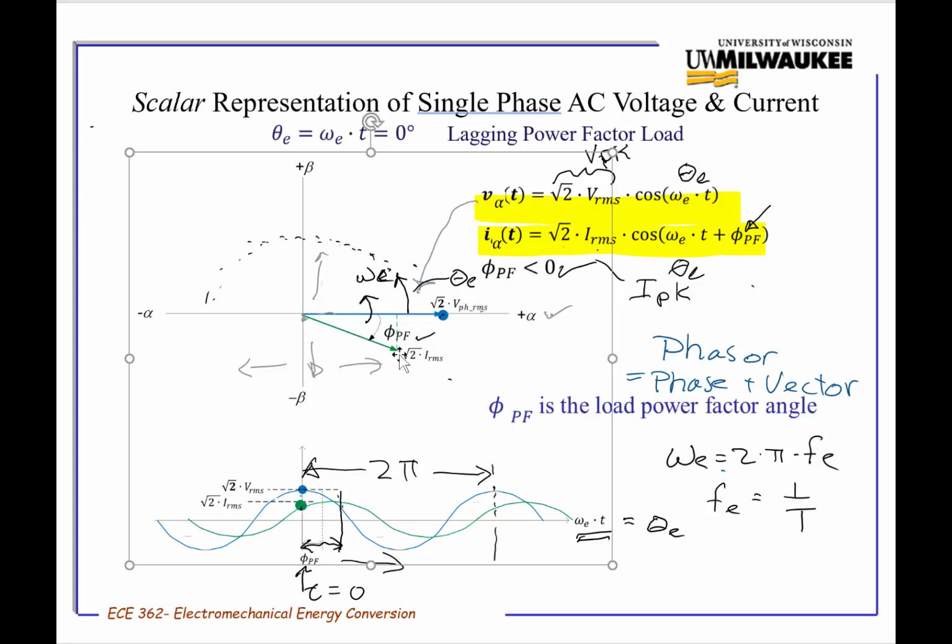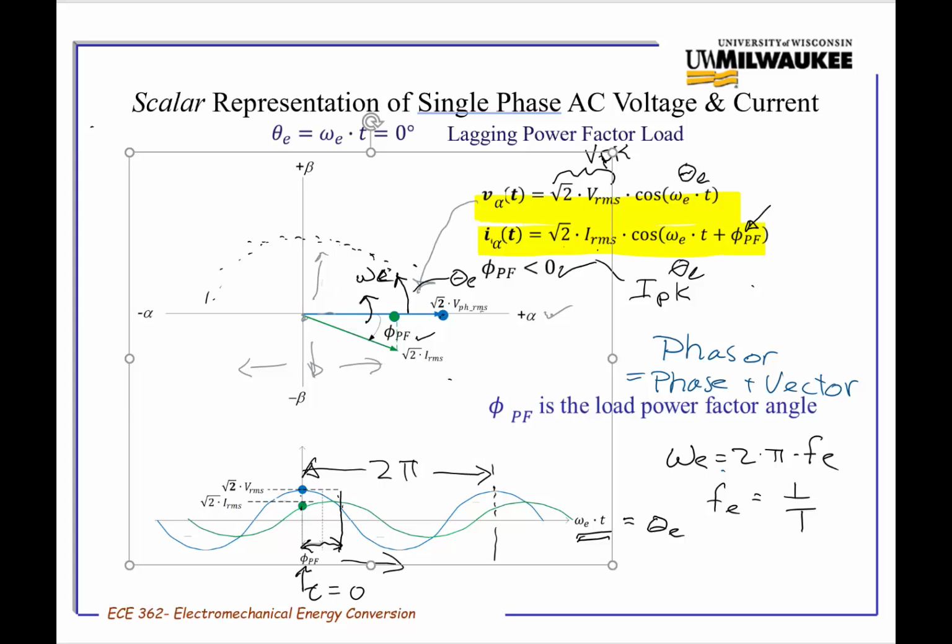The green dot, if you were to reflect the green phasor for current onto the alpha axis, essentially that's a cosine of phi pf at that point in time, you're going to find out where you are on this y-axis below. So I'm showing those same 2 points reflected onto the alpha axis, and notice that we're just ignoring the beta axis. It's not really doing anything for us right now.